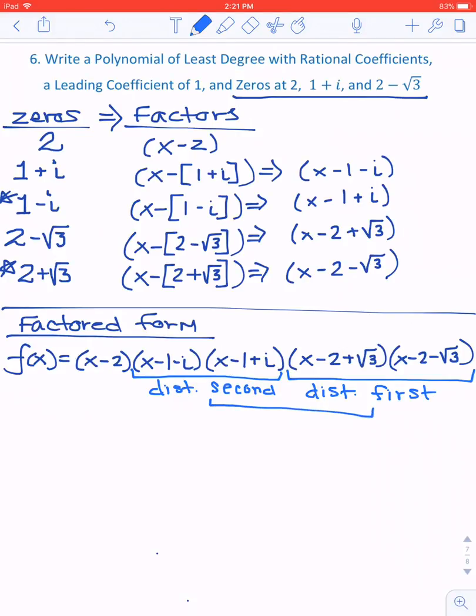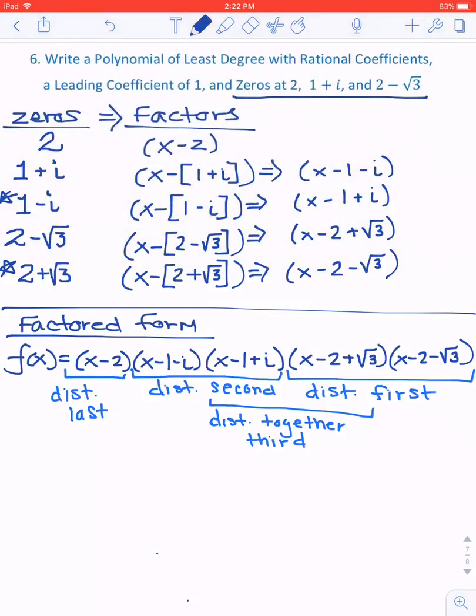You distribute those together. And what is something you need to not forget to do last? Always that binomial. Right, so take some time, distribute that all the way out.